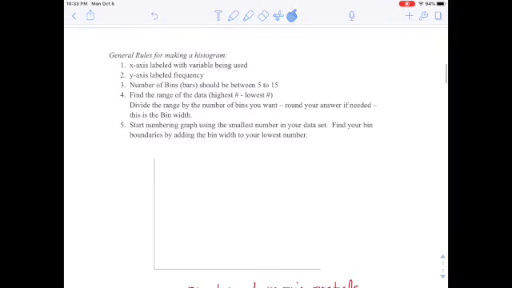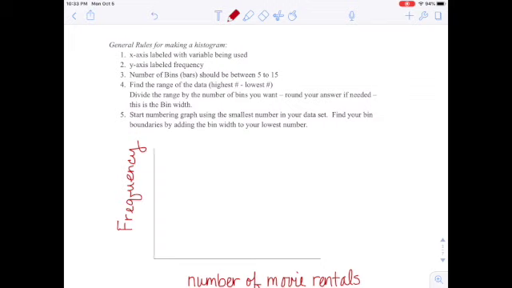Label frequency. 3. The number of bins should be between 5 and 15. Because our data set is kind of small, we are going to see if we can get away with 4. We'll see.